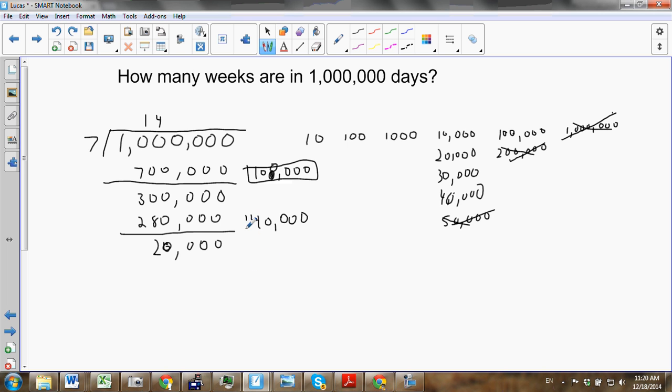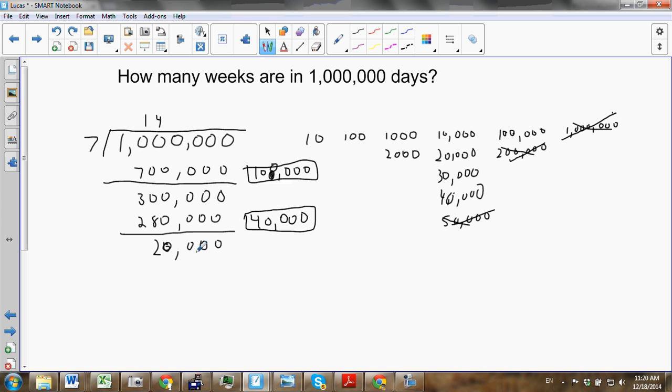So how many sevens can we take out of 20,000? Well, we can't take any 10,000s, so let's see how many thousands of sevens we can take out. 1,000 sevens would be 7,000. 2,000 sevens would be 14,000.